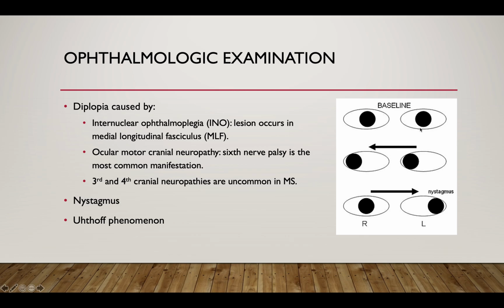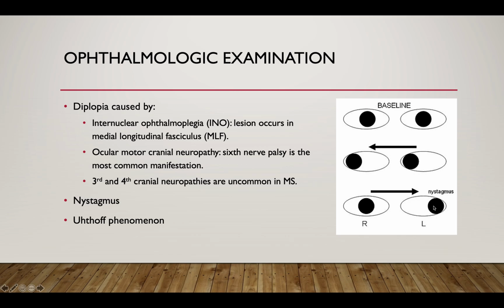If the patient looks straight, everything is normal, and if the patient looks at the side of the lesion, I mean the lesion is on the right side, so when he looks right, also everything is normal. But when he looks at the left side, the affected eye cannot adduct, and there is positive nystagmus in the left eye.